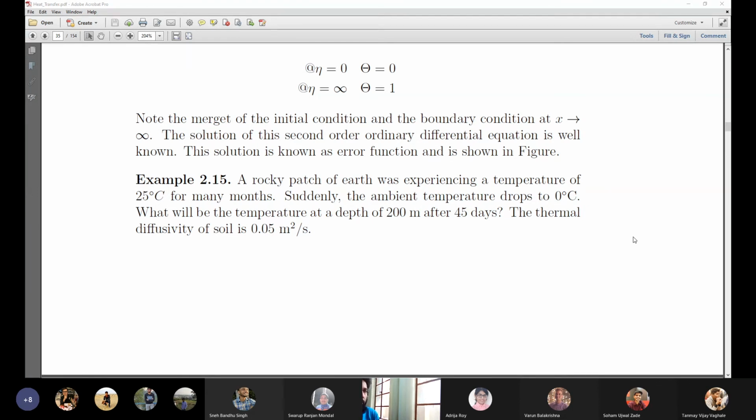Sam Jade fine. Varun Balkrishna, what happened? Correct the value and post it.